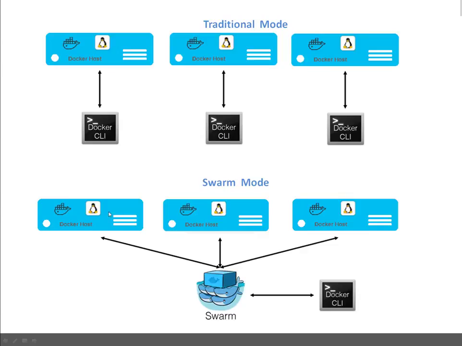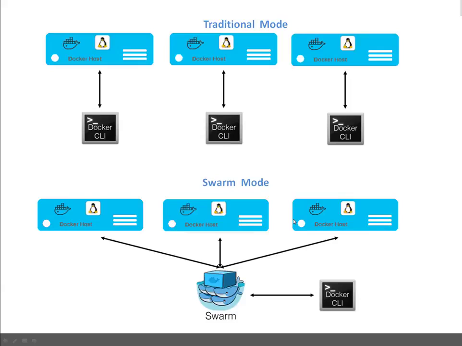In this example, let's say this particular host dies. What is going to happen? The Swarm manager will automatically check the status. Okay, this particular host is not responding. Then the Swarm manager will start the build of a similar container on a healthy node, this one or this one.